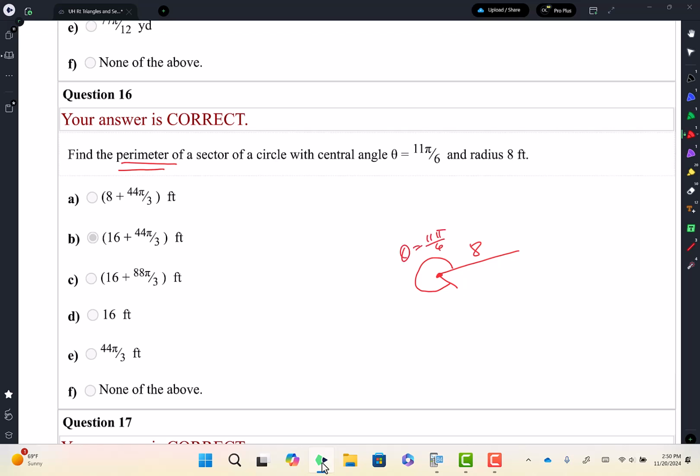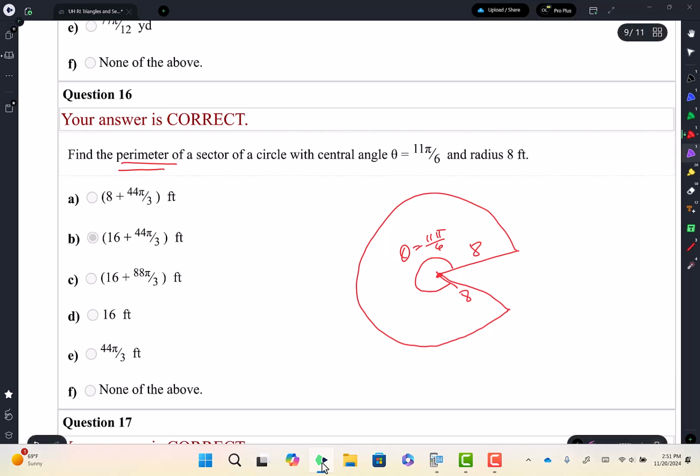So this is going to look like Pac-Man. And that's 8. I didn't draw it super perfect, but I'm pi over 6 away from a full revolution, from a full circle. And that's what they want, guys, the outline. Everything in green is what they want.